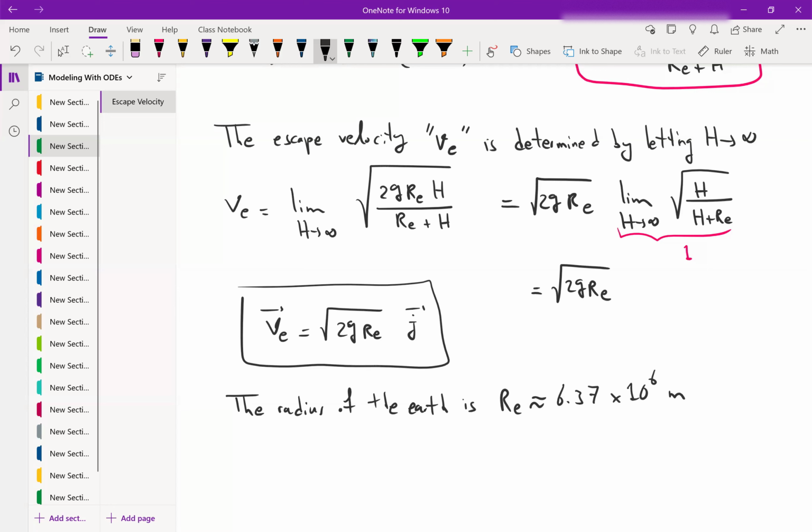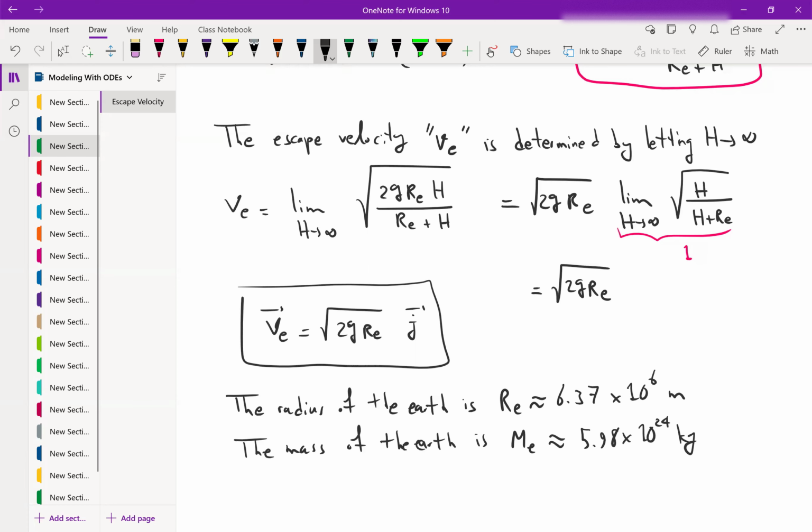And the mass of the Earth is approximately 5.98 times 10 to the power of 24 kilograms.